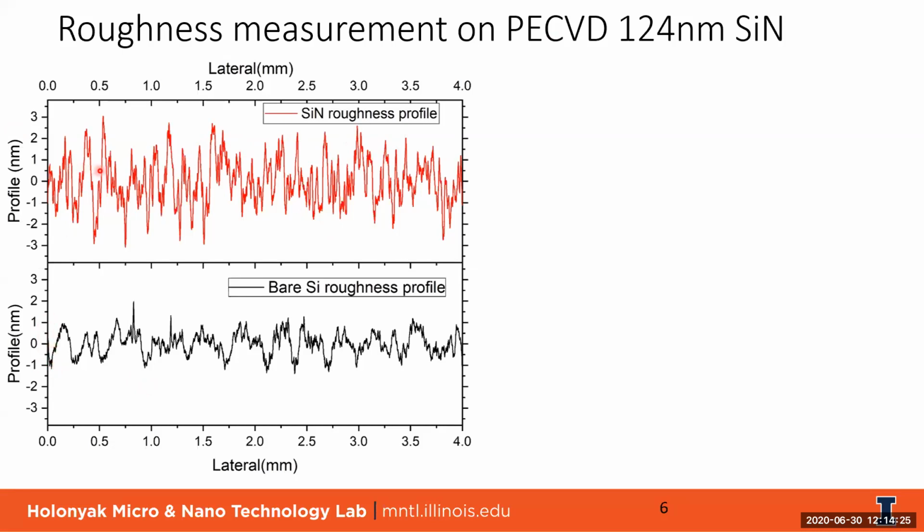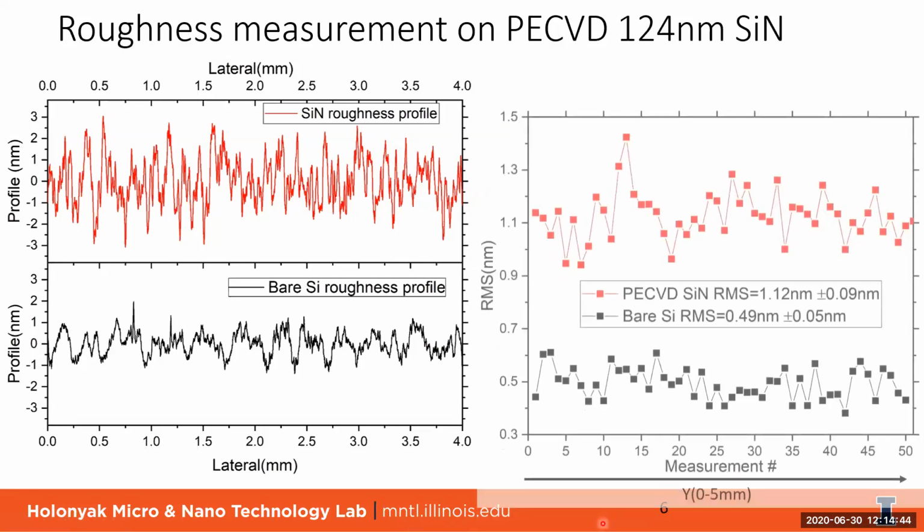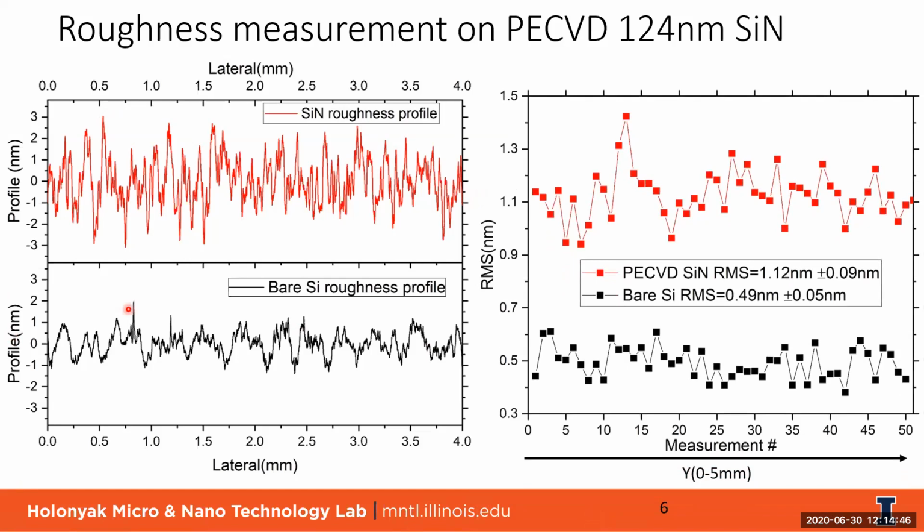However, after 124 nanometer PECVD nitride, you can see that the peak to peak is about 2.5 nanometer. So let's look at what the RMS value is after the silicon nitride deposition.